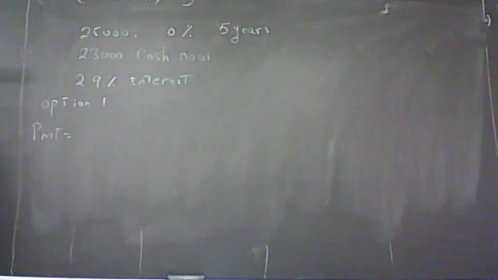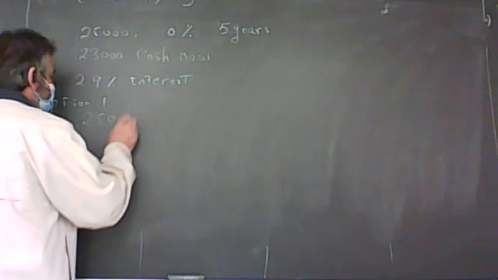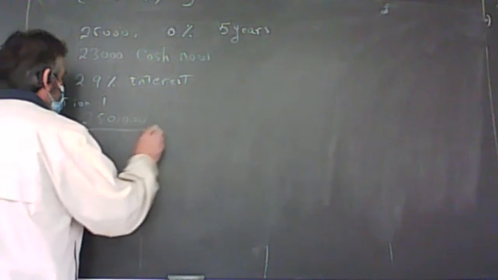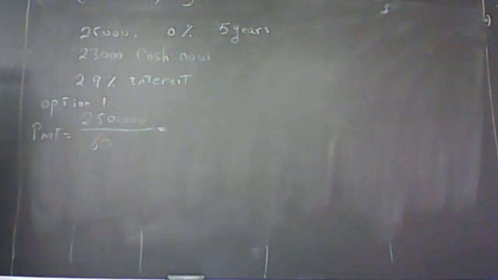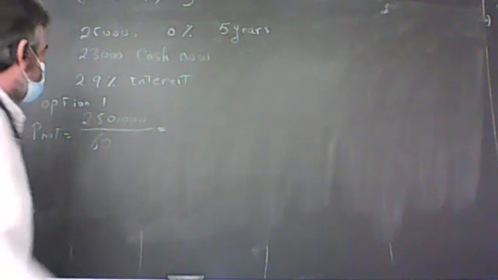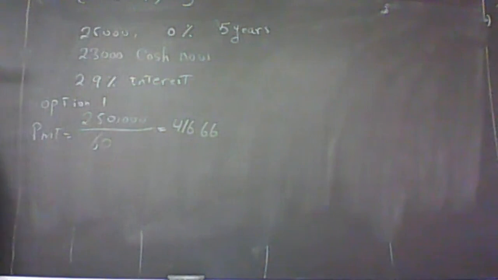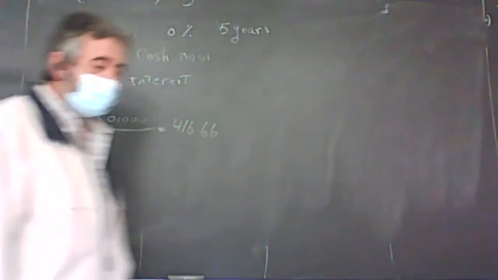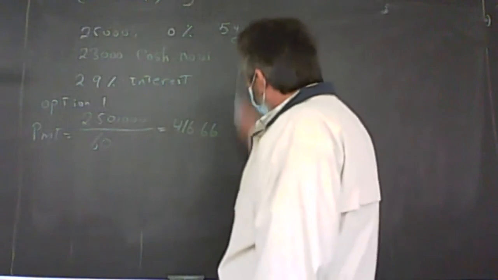So that's going to be 25,000 divided by 60, and that should give me, I think, $416 and perhaps 66 cents. So that would be the price I'm going to pay for option number one.